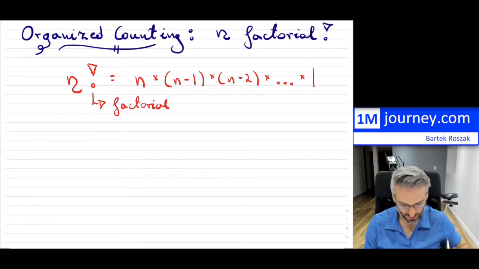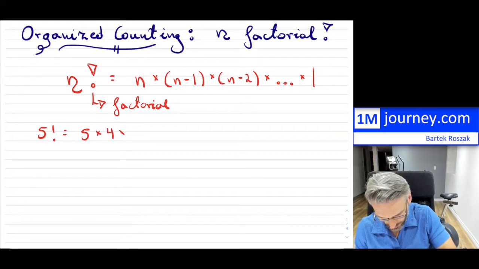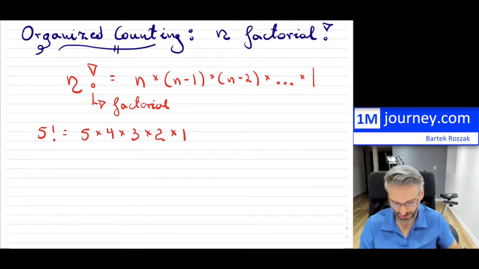So that's what n factorial means. So if it was, let's say, 5 factorial, it would mean 5 multiplied by 4, multiplied by 3, multiplied by 2, then multiplied by 1.